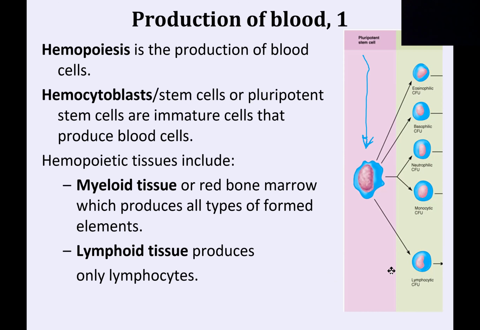So lymph nodes, the thymus, the spleen, they're going to produce lymphocytes in adults. Now, like we said in the lymphatic chapter, the spleen produces all of the formed elements in the fetus. And then as the infant grows and gets more bone mass, more bone marrow, that takes over the job.